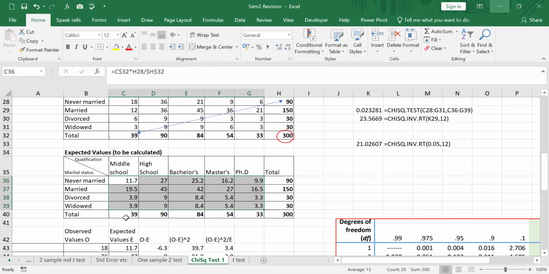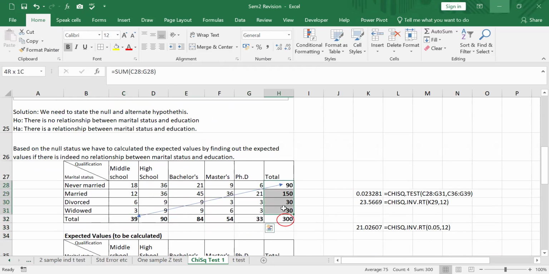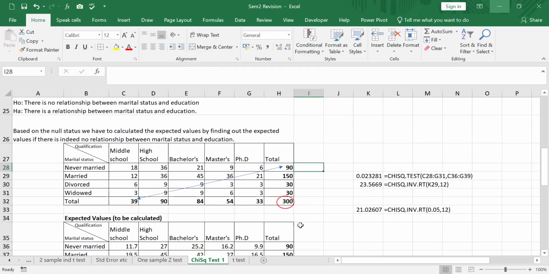This will come in decimals also, that is okay. But the totals should remain the same as what is available here, because sometimes rounding off should not make 39 become 40, so that it becomes 301.